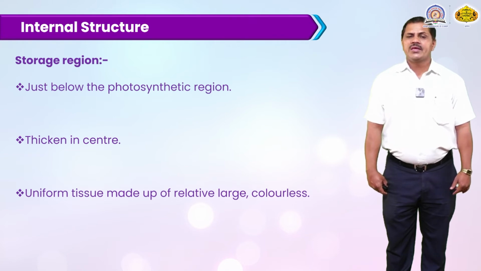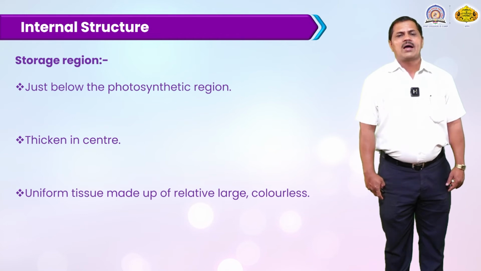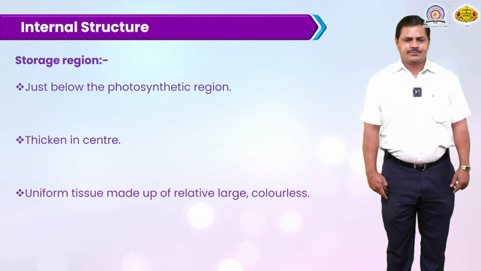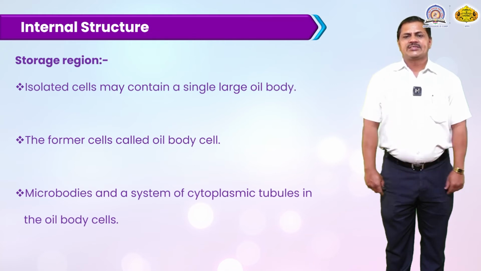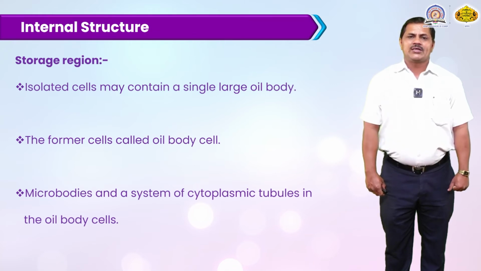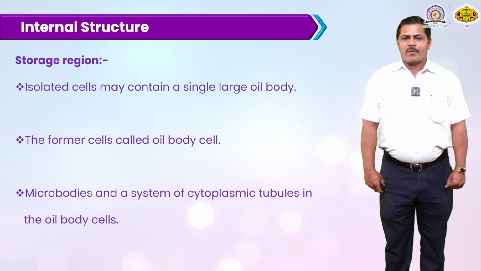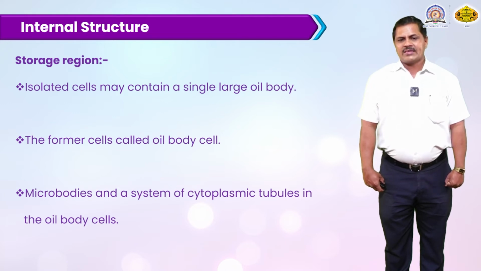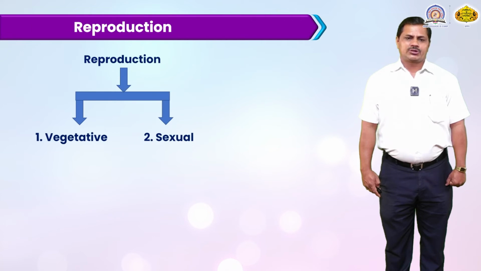These cells form a uniform tissue made up of relatively large, colorless cells. Isolated cells may contain a single large oily body, and these are called oil body cells. The microbodies and a system of cytoplasmic tubules in the oil body cells are present inside the thallus structure.